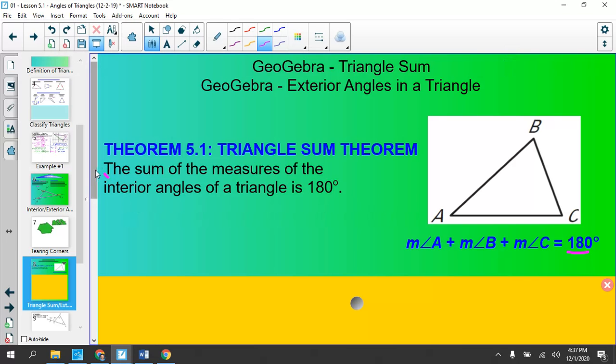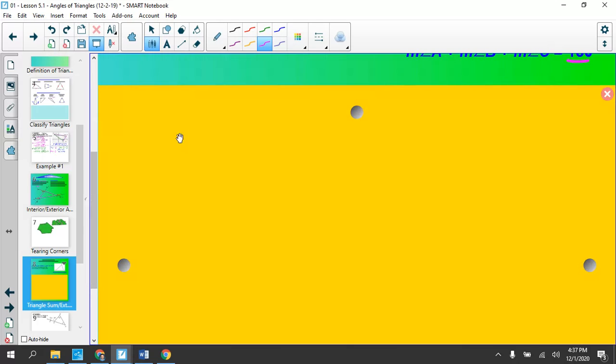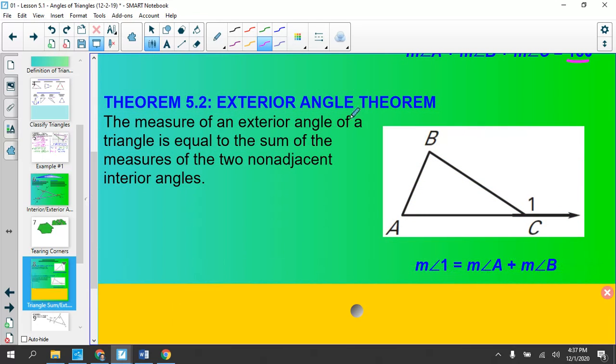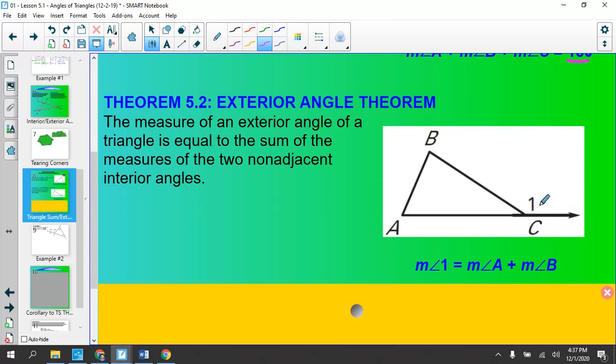The one that, again, I think is a little less intuitive, that we probably didn't know before this class, the interior one you may have known, is the exterior angle theorem. It says this: an exterior angle measure is equal to the sum of the 2 non-adjacent interior angles.